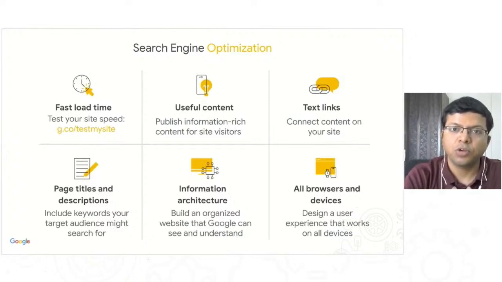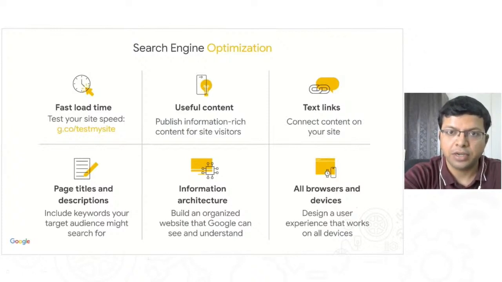You should not have these pages in isolation, but should interlink your site into a meaningful architecture. The fourth point is that you should have page titles and descriptions. It is not just important to make the page friendly for the user, but you should also make sure that search engines can understand and interpret the pages. So it is important that you provide a page title and meta descriptions for the page.